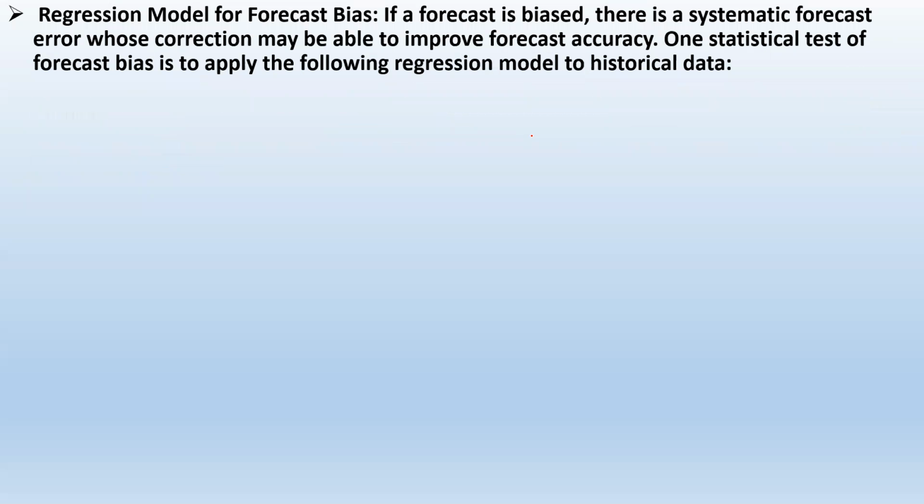Or we can use a regression model for forecast bias. We use the realized value, which is ST, as Y, and regress it on the forecasted value. This is the T minus 1.